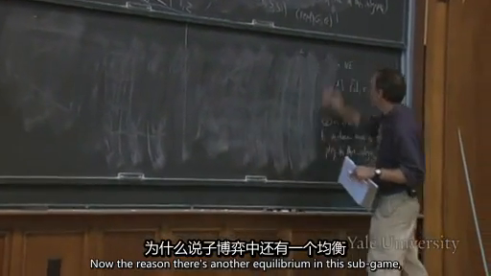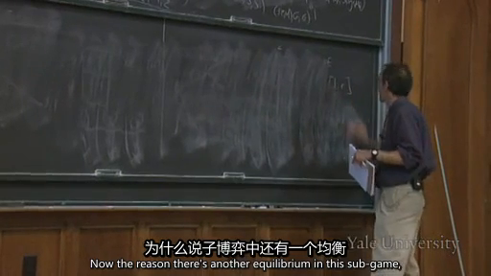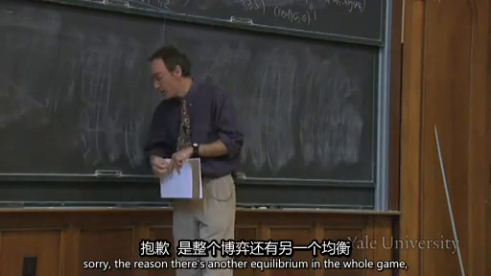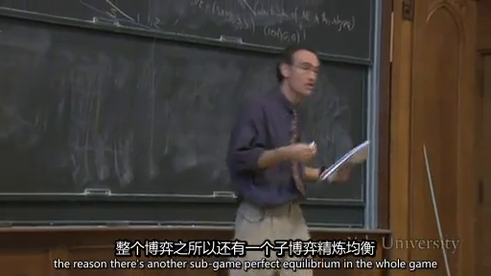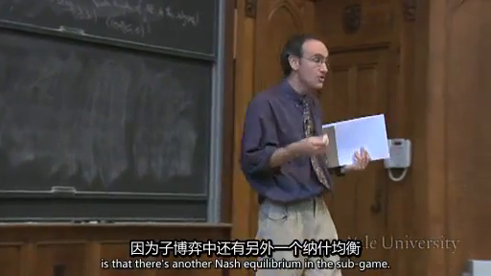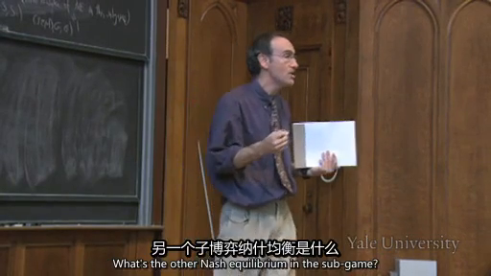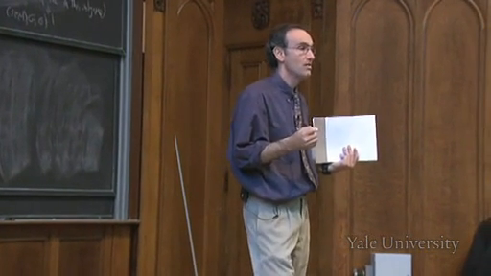Now the reason there's another equilibrium in this subgame, the reason there's another subgame perfect equilibrium in the whole game, is that there's another Nash equilibrium in the subgame. What's the other Nash equilibrium in the subgame? They could mix, right?